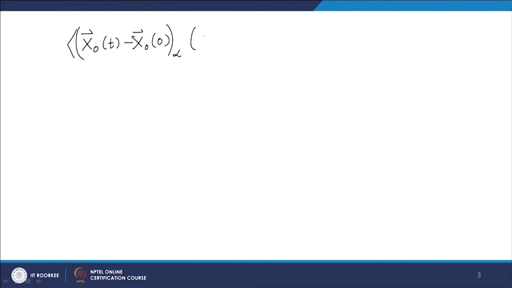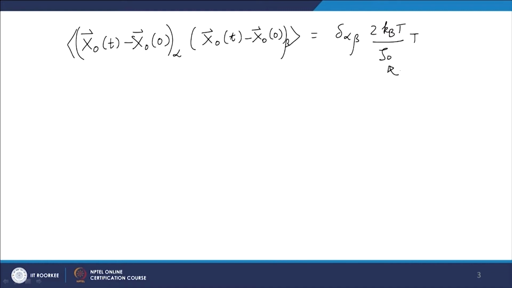if I look at the correlation, this would be equal to the following, where zeta naught is of course zeta.